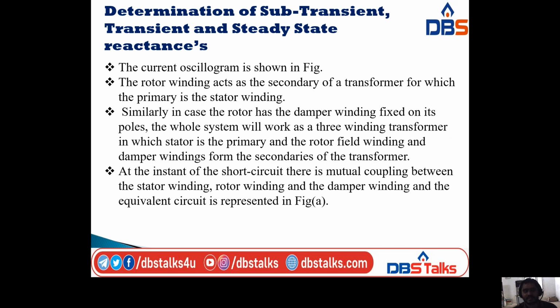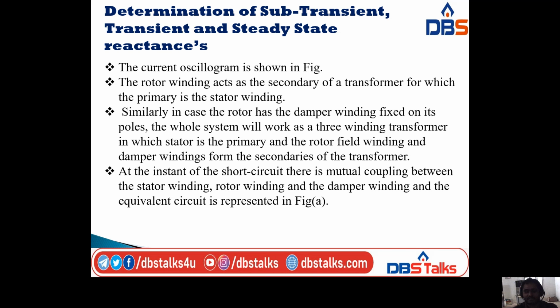In this, the rotor winding acts as the secondary of a transformer, for which the primary is the stator winding. Similarly, if the rotor has a damper winding fixed on its poles, the whole system will work as a three-winding transformer.